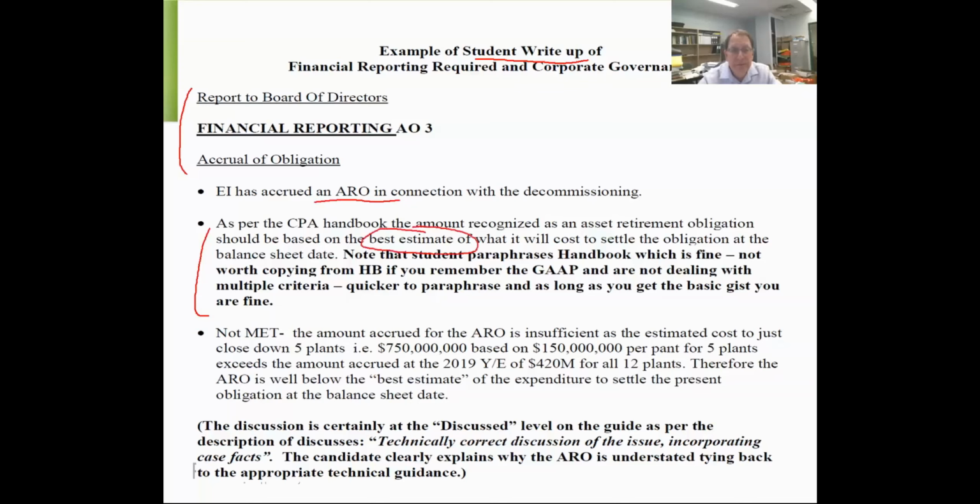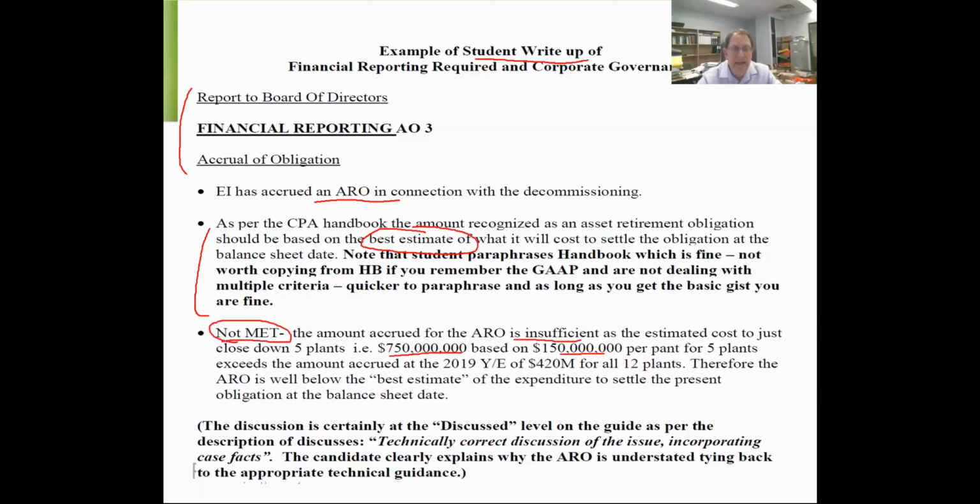Beautiful. This is how they typically do these financial accounting answers. They say met or not met. Have we done this? Best estimate? No, not met. Why? And now you're going to get into the numbers. And even though there's a mistake here, it's still good. The amount of the ARO is insufficient. Why? Because to close down 5 plants is $750 based on 150 times 5.